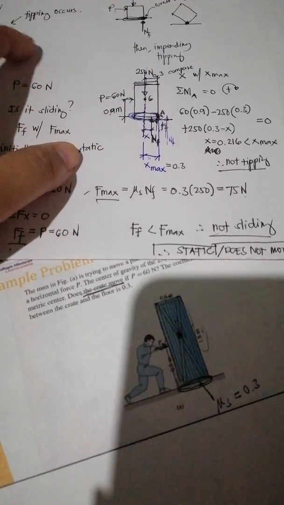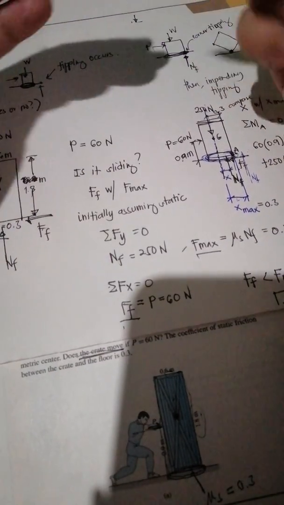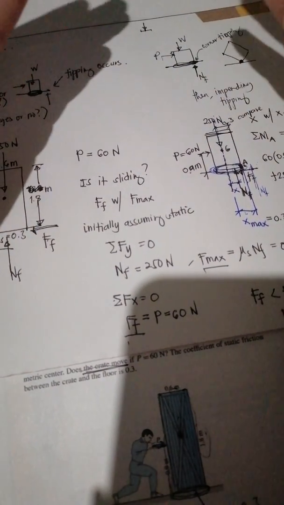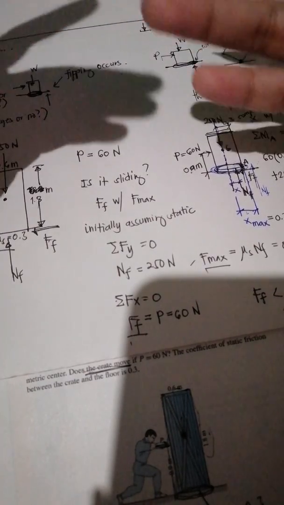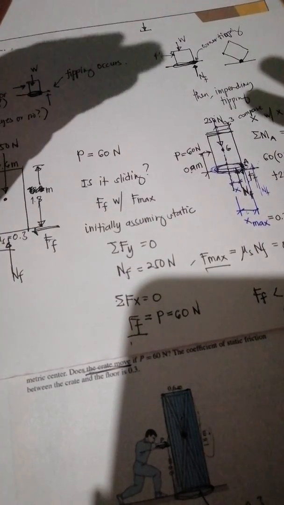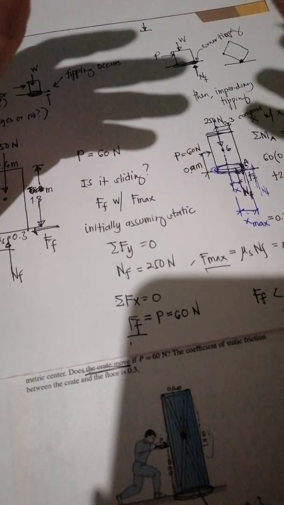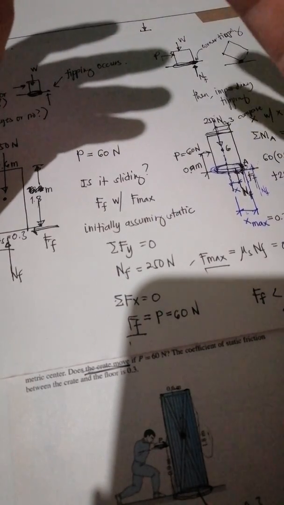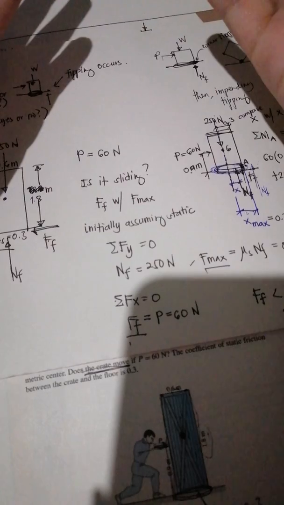So the concept of tipping: if the normal force is located only within the area of contact, then there's no tipping. But if it's exactly at the position of the tipping corner, it's impending tipping.